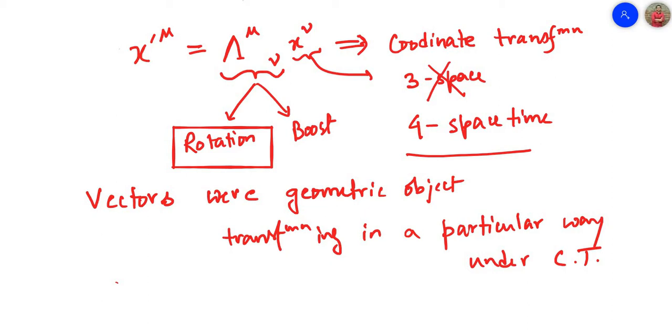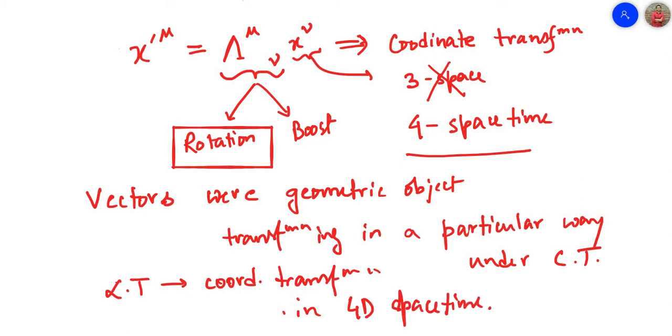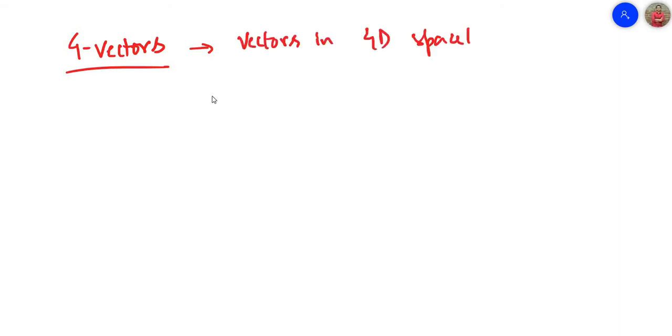So from this, we can speculate that Lorentz transformation is basically the coordinate transformation in 4-dimensional space-time, right? So then we can introduce other kinds of 4 vectors, and we can use 4 vectors as an umbrella term for vectors in 4-dimensional space-time.